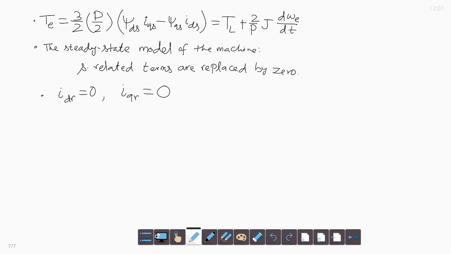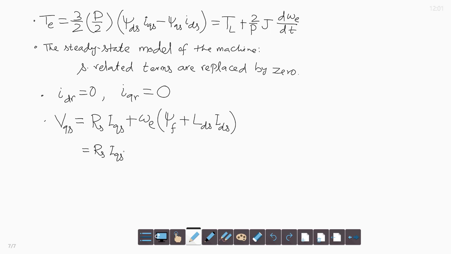So, with that we have VQS, voltage applied to the stator winding, that is RS into IQS plus omega E into flux psi ds, which is psi f plus LDS into IDS. So, that is RS times IQS plus omega E psi f, which is the field voltage Vf, plus XDS IDS.